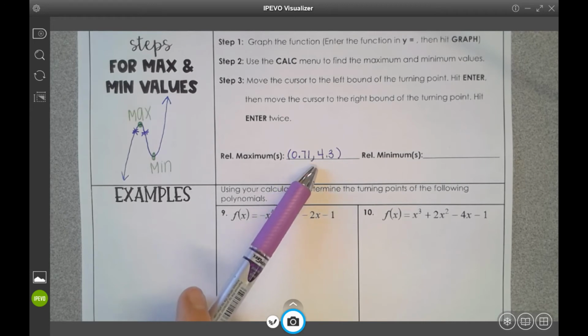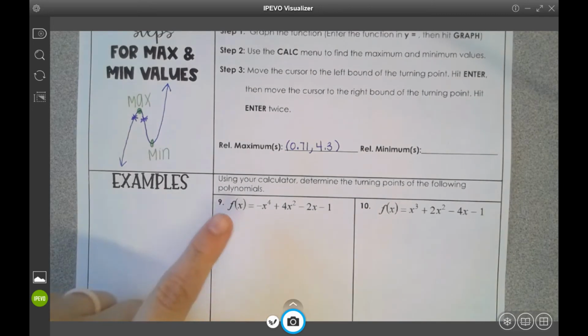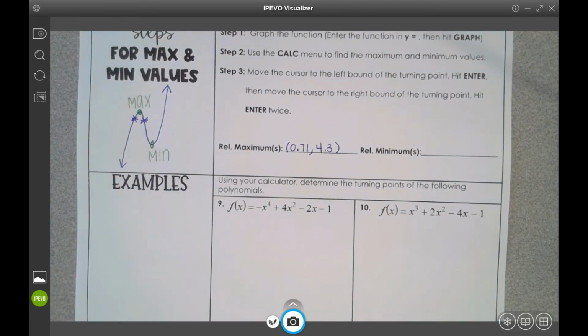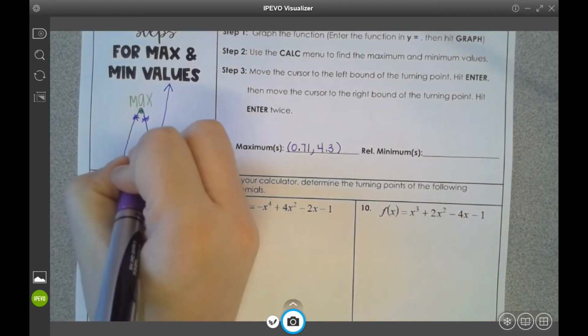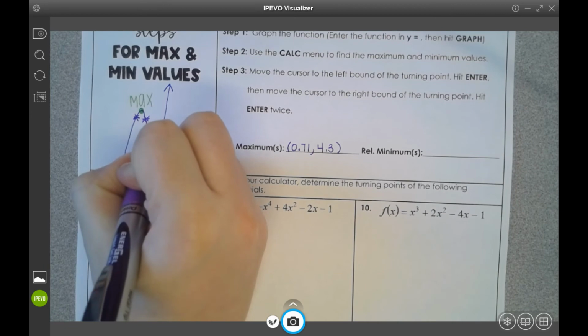Now, every time we want to find a new max or a new min, you always have to go back to the calc menu. So second trace. If I had another maximum, I would pick a maximum again, but I don't. I have a minimum. So we're going to pick 3. Take your blinky cursor somewhere to the left, maybe right here.